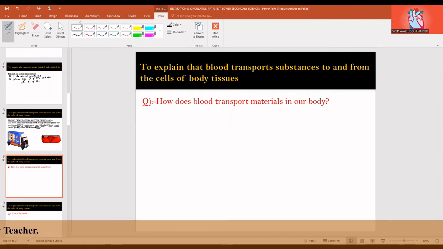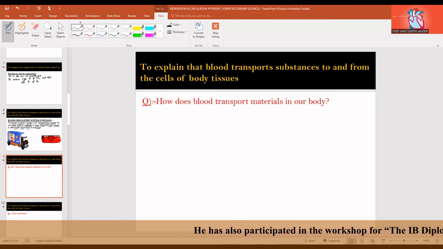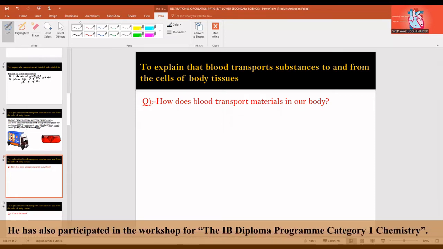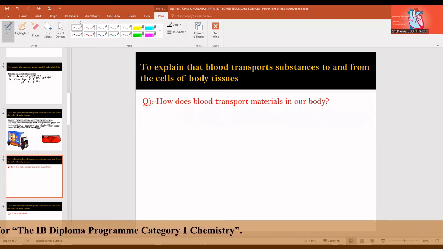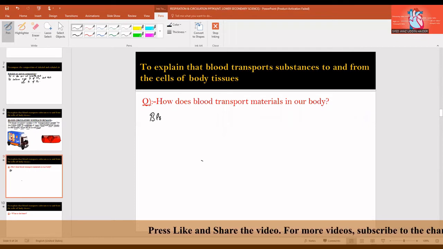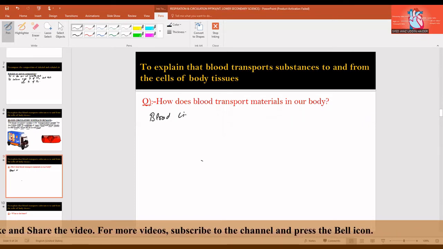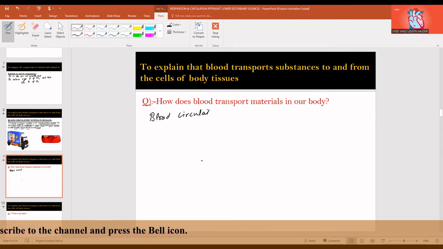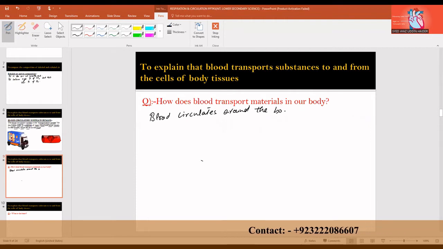And trucks also pick and take garbage away from our houses, offices, factories, etc. So our blood runs or circulates around the body just like a truck.